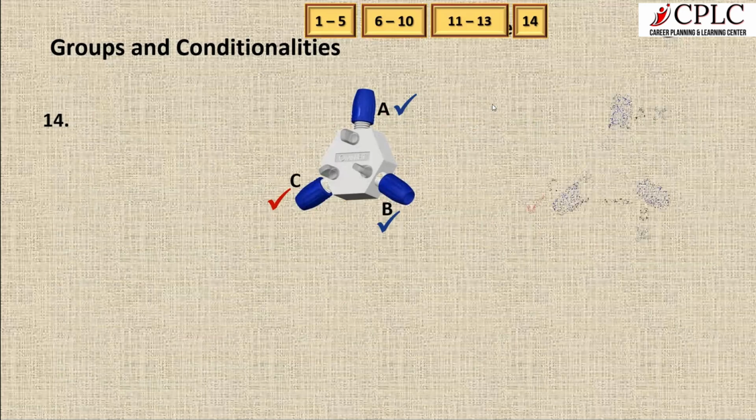So if you observe, there are two possibilities. The first possibility is if C is open, both A and B are open or both are closed. So these are the two possibilities that we have. Now, in each case, C is open, but we have to cross-check by considering the conditions of A and B also.